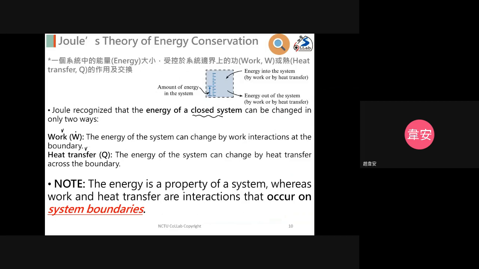We use W and Q. And note that energy is a property of a system, while the work W and the heat transfer Q are interactions that occur on system boundaries.